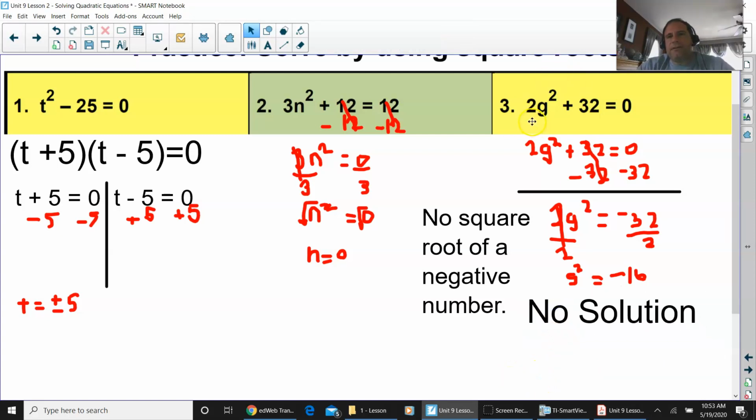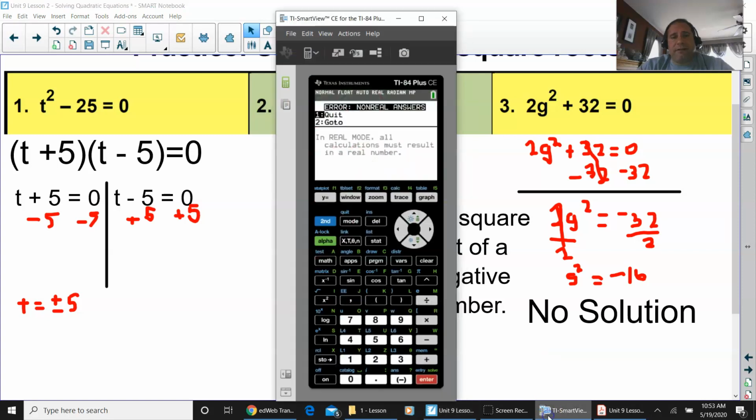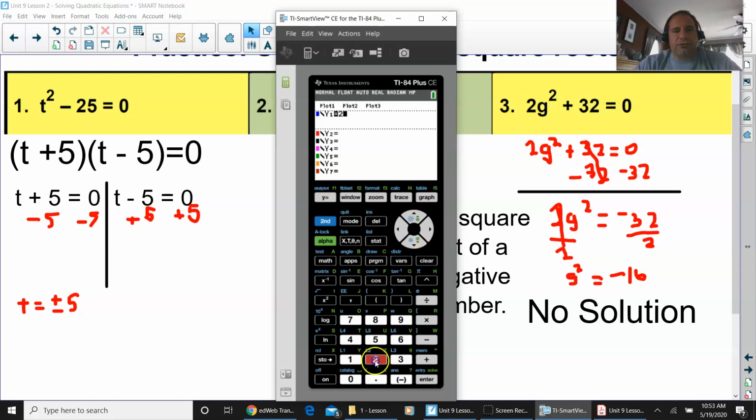Now think about it. If this is 2g squared plus 32, this parabola is crossing the y-axis at 0, 32, all the way up on that y-axis. If we took the graphing calculator and went to graph that, it is 2x squared plus 32. Take a look what we have.